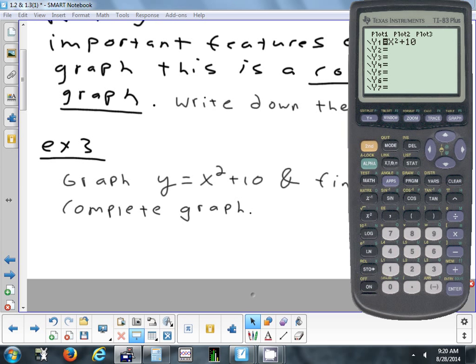Before I hit graph, what's the shape of this again? It has an exponent of 2 as its highest exponent. So that makes it what kind of shape? Oh, Justin?